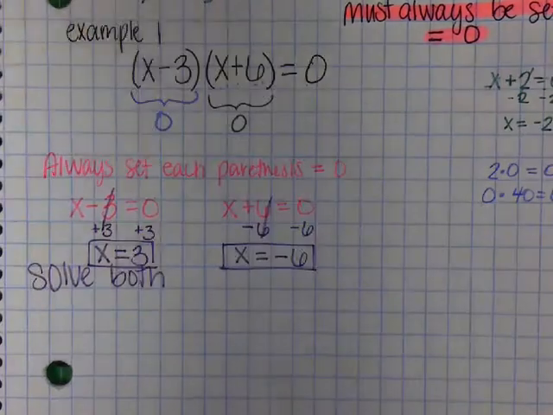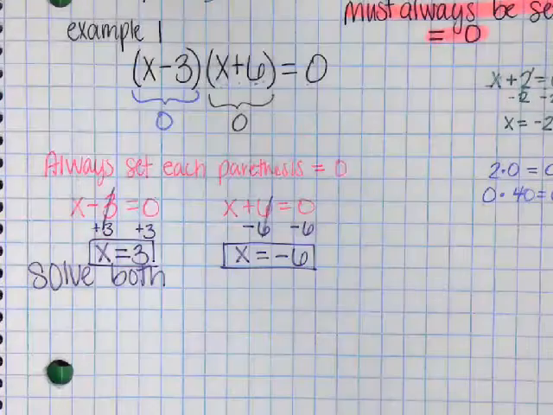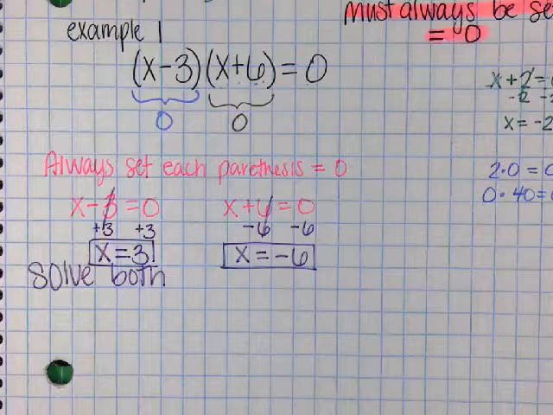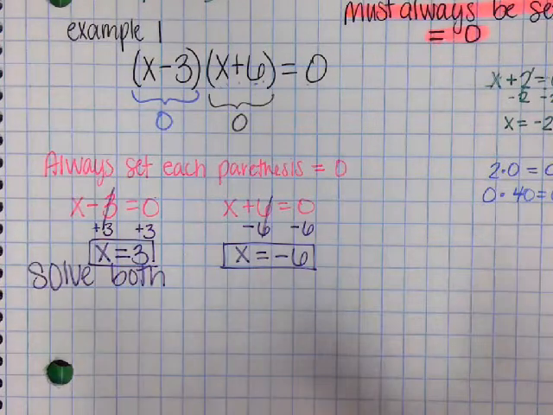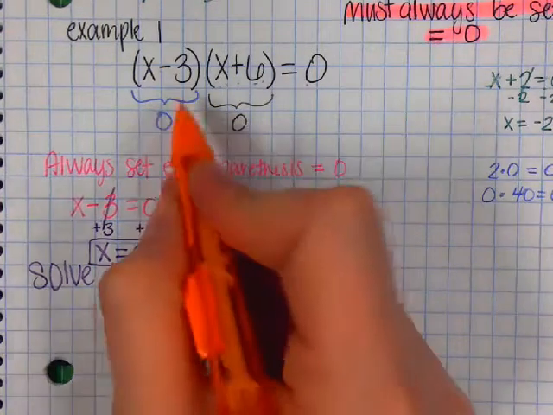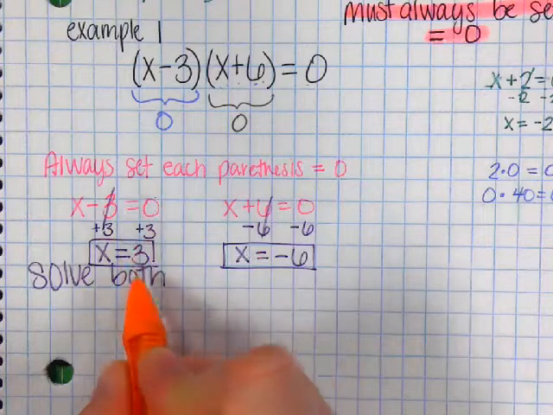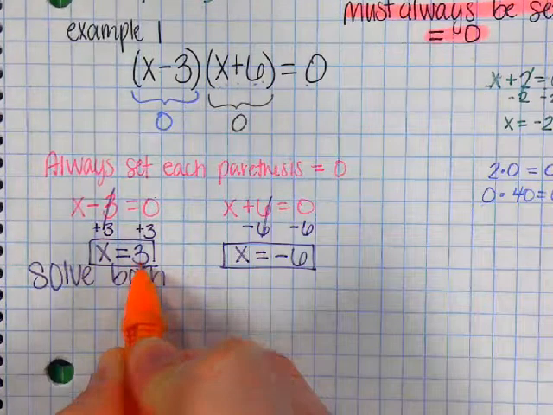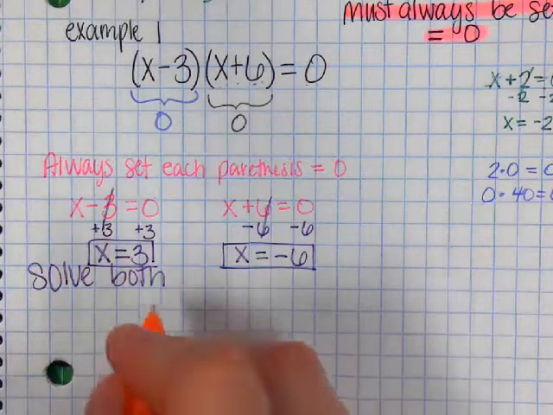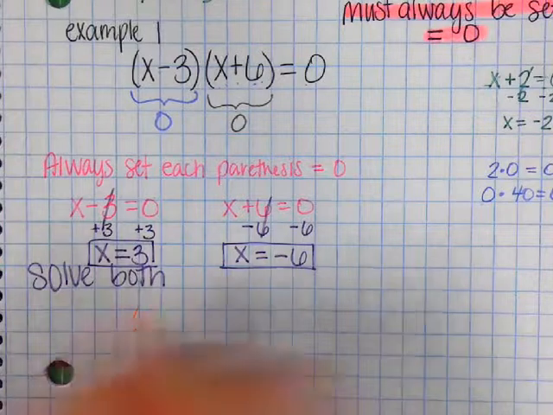Now I'm going to go in and check just to show you that this truly does make the parentheses equal to 0. So I'm going to check by putting in 3 into both of the x places.